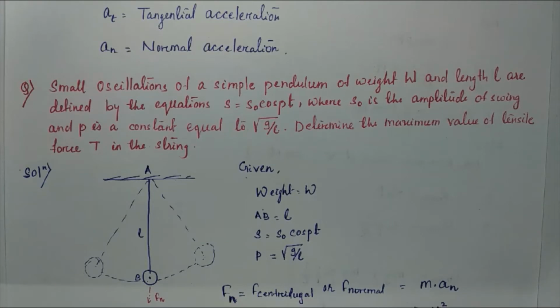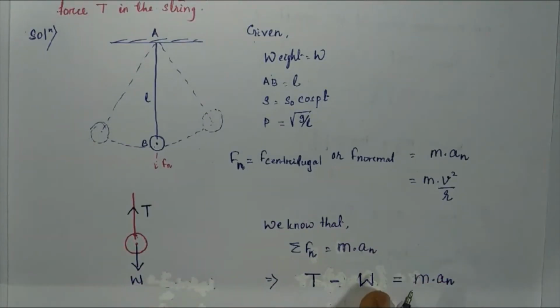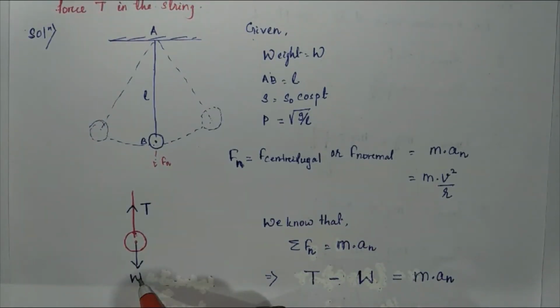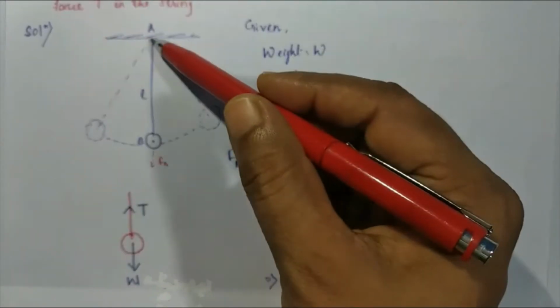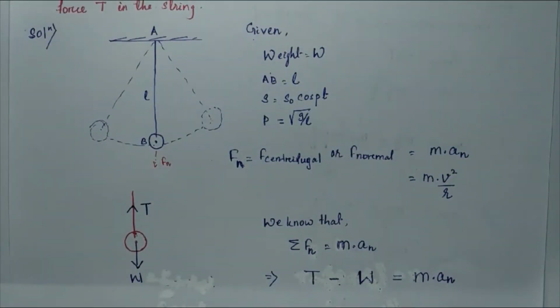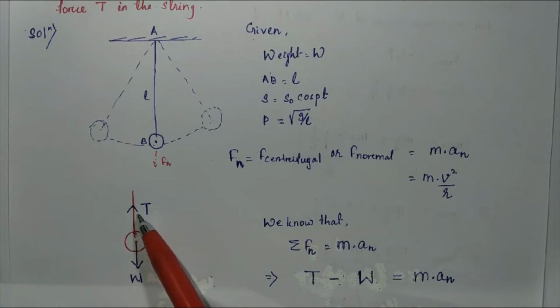Here we consider the free body diagram of the pendulum. We observe the types of force: the weight of the pendulum, and as the pendulum is hanging from the ceiling by means of a string, a tensile force is induced within the string.